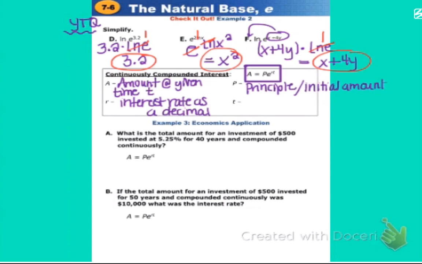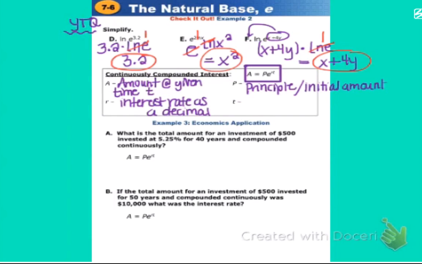The P represents the principal, or the initial amount of your investment. Or, if you're using this to model not just money growth but continuous growth of something in nature, like how your hair grows, or your nails, or the grass, then the principal would be the initial amount that you're starting with.